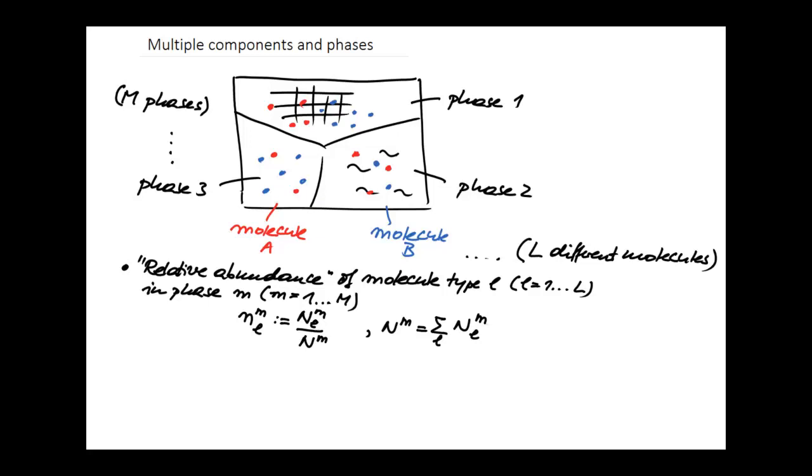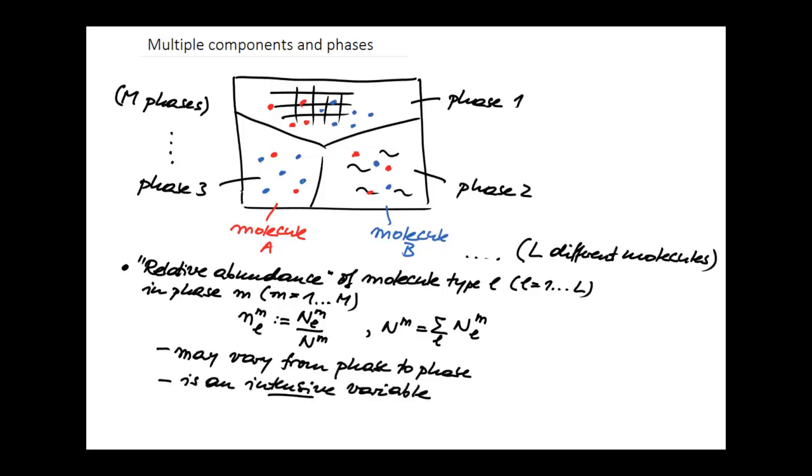So this relative abundance may vary from phase to phase, and the relative abundance is an intensive variable. It doesn't scale with the size of the system, it's an intensive variable. And finally, this whole system, composed of various phases and various types of molecules, is coupled to both a heat and a volume reservoir.